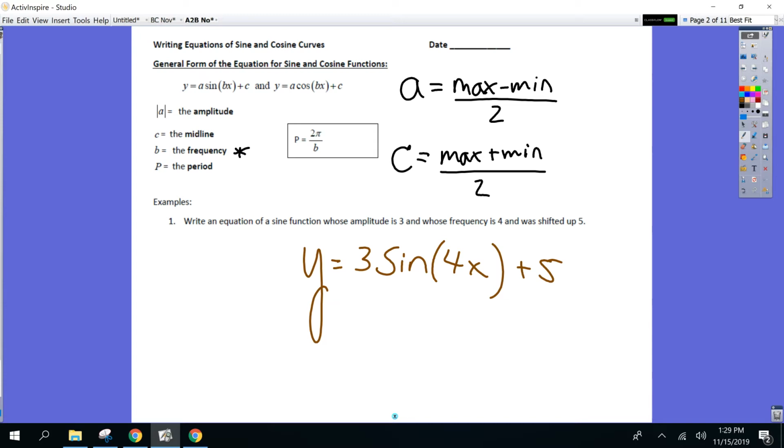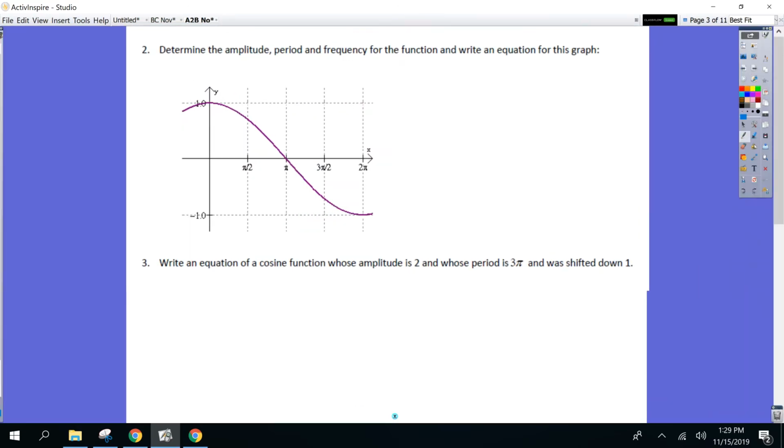All right, let's find out. Oh, there's a graph. What's the equation of the graph now? First thing, let's find all our values. Find all the values, A, B, and C, before we write the equation. A value. How did I show you to find the A value? Max minus min.